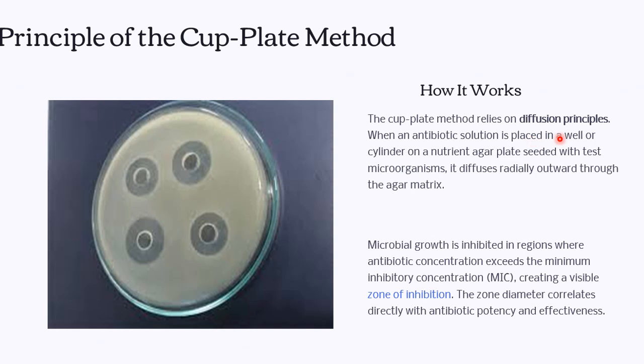Principle of the cup plate method: it relies on diffusion principles. When an antibiotic solution is placed in a well or cylinder on a nutrient agar plate which is seeded with a test microorganism, it diffuses radially outward through the agar matrix from the well.